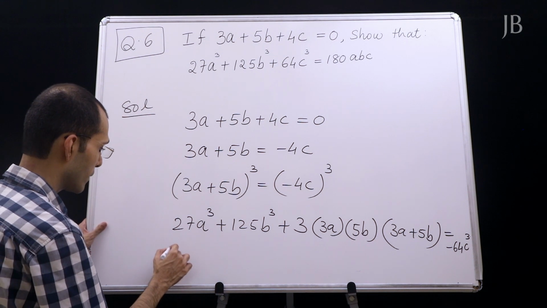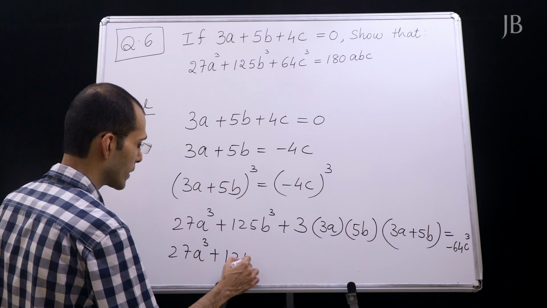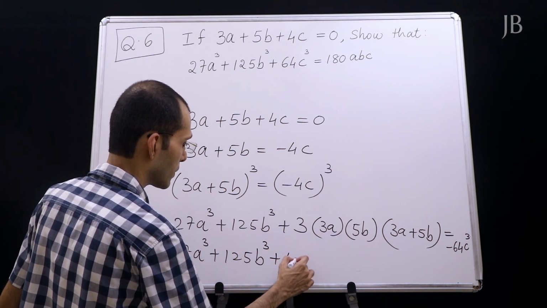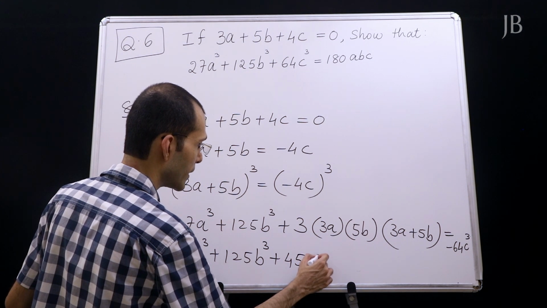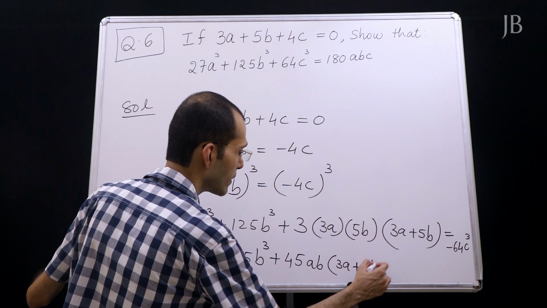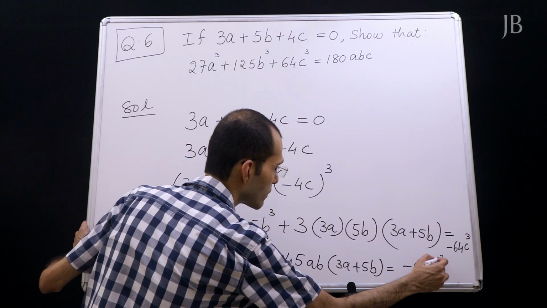Okay. So this now works out to be 27a cube plus 125b cube plus 45ab into 3a plus 5b is equaling minus 64c cube.